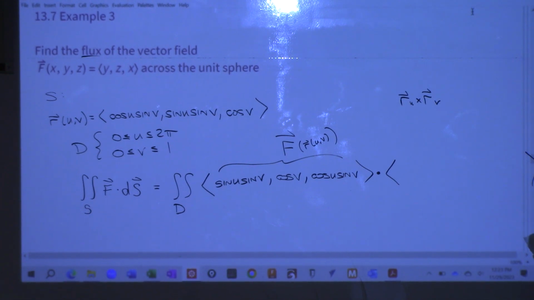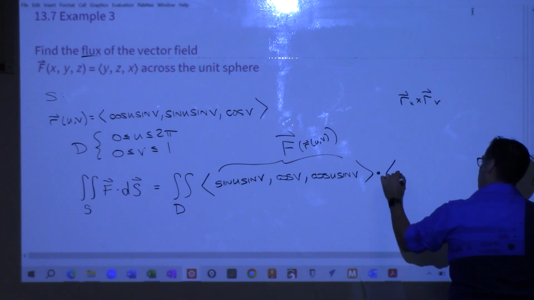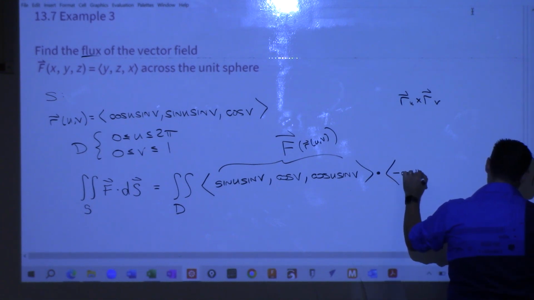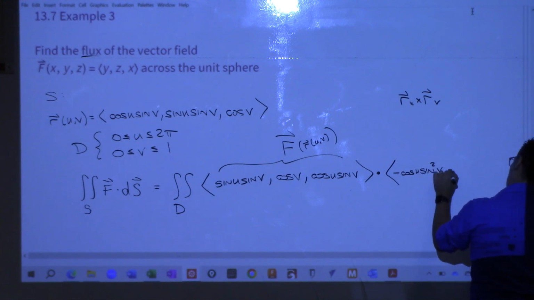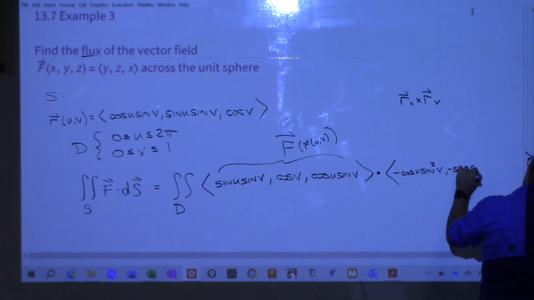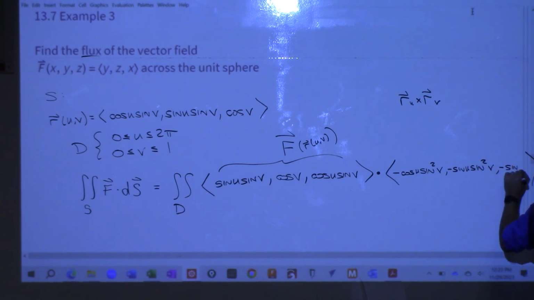So last class, we showed that the cross of those partials is negative cosine u sine squared v, and then negative sine u sine squared v, and then finally negative sine v cosine v, and then all that dA.